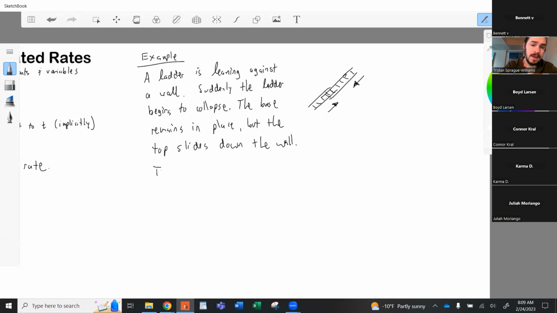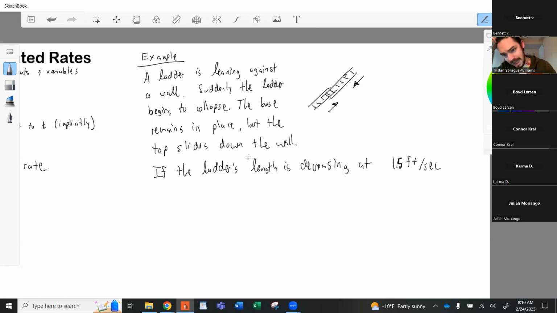Okay. If the ladder is collapsing, if the ladder's length is decreasing at some specified rate, we'll say 1 foot per second, or maybe 1.5, just so we have something besides 1 to plug in. That might be a bit confusing. 1.5 feet per second. Okay.